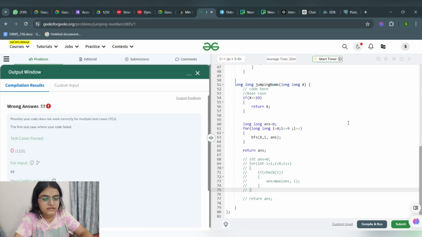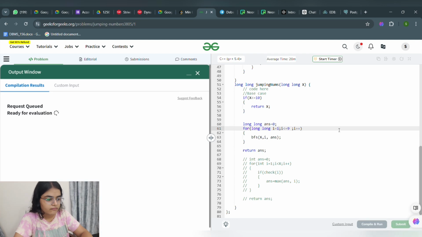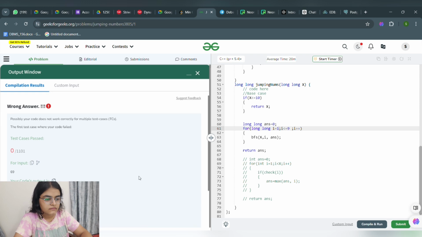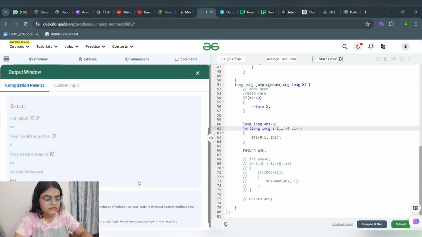Why is it like this? Oh, we are taking 0. Again, why is it like this? If x is less than 10, then only we are returning x.